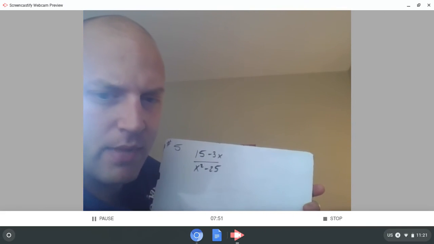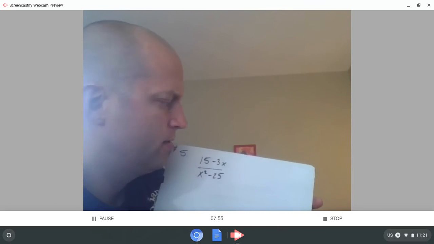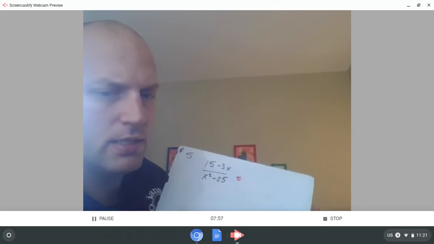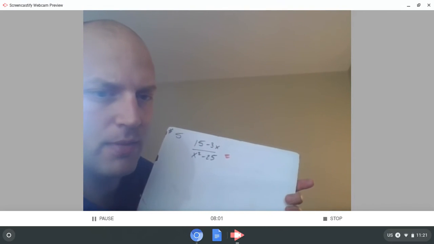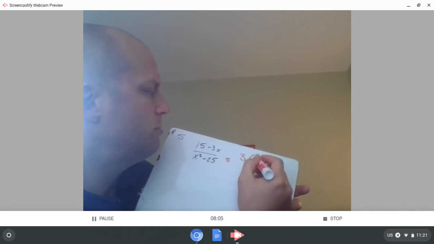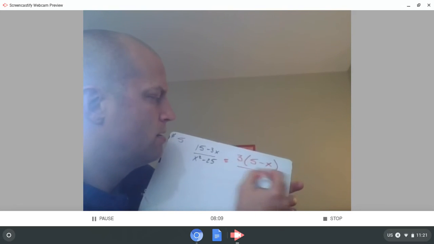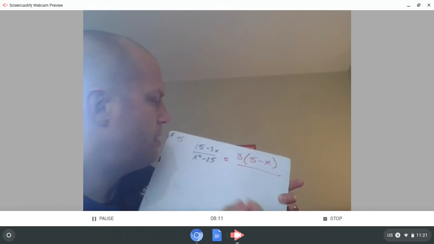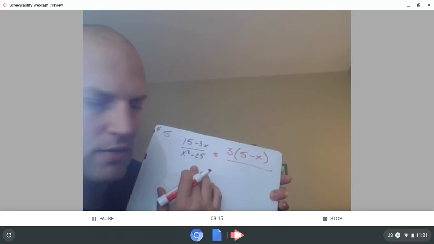Next, number 5. I got 15 minus 3x over x squared minus 25. Okay. First thing I do on top, I look for a GCF. What is 15 and 3 divisible by? Take a 3 out. That leaves me with 5 minus x. Okay. On the bottom, x squared minus 25, that's a difference of squares.